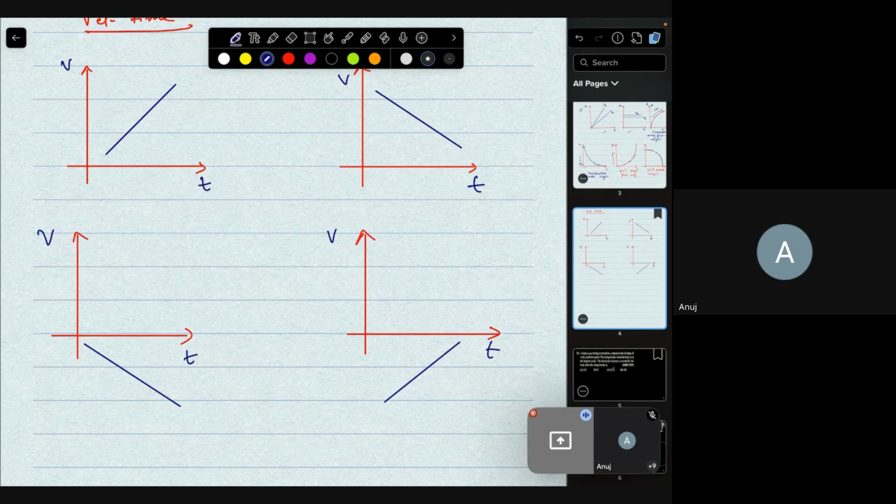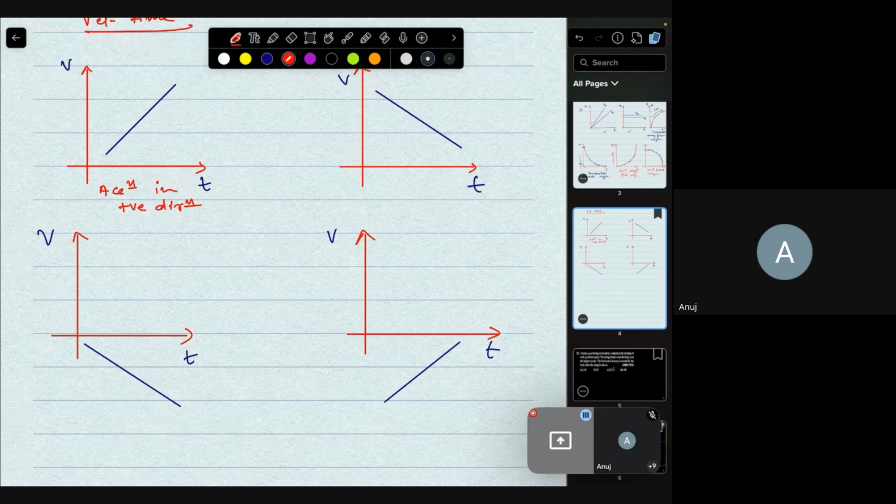So can we say anything about the behavior of the graph one by one? First one, the slope of the graph is positive and it is constant. So acceleration is constant, and with time velocity is increasing. That means it is in positive direction. So you can say acceleration in positive direction.